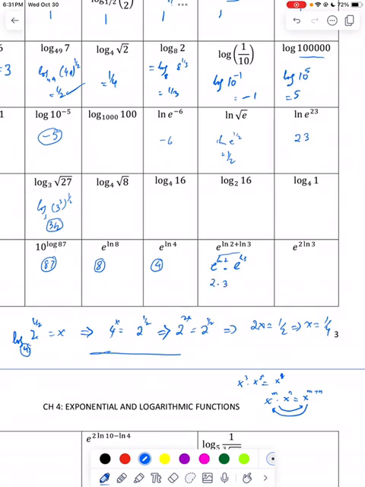Now this one. So this is not going to be 2 into 3. Because remember the rule is a number raised to log to the base a of something.